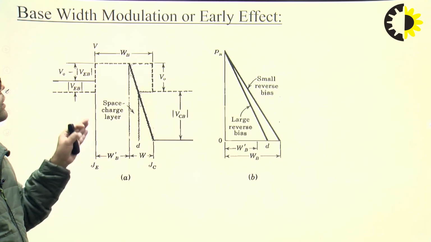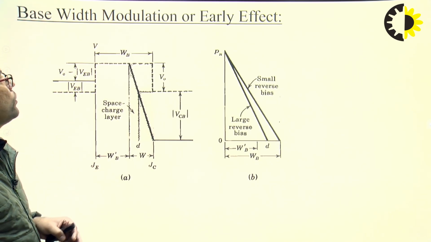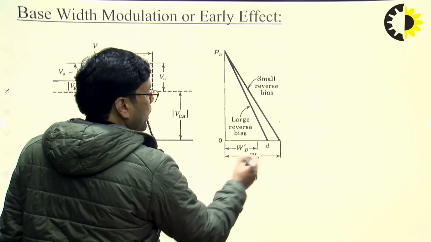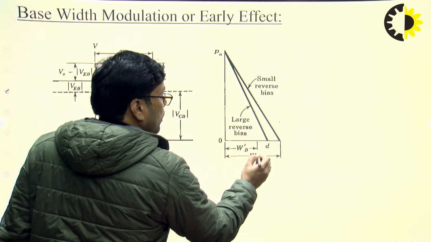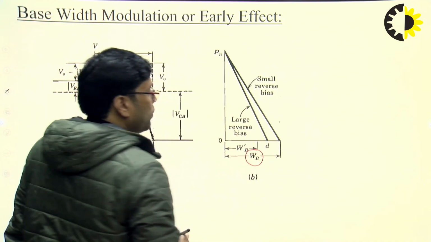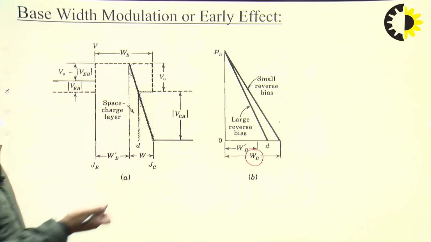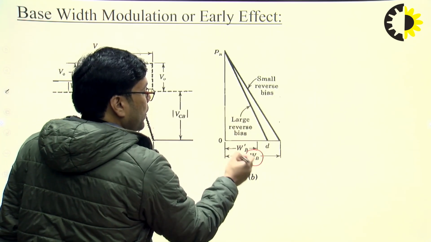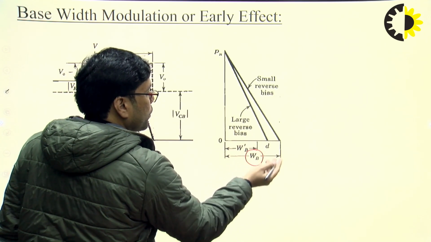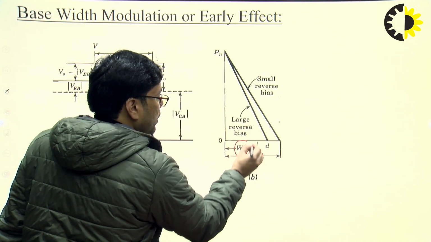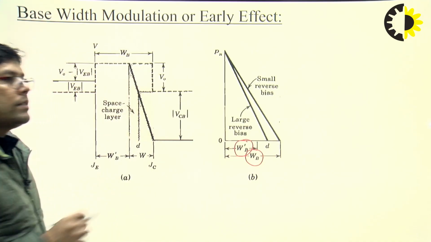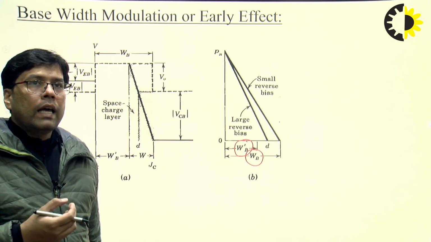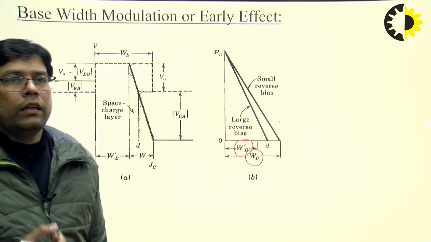This is again a representation of the potential barrier. Before applying the reverse bias, the base width is represented by WB. As you increase the reverse bias voltage, the effective base width is reduced from the physical base width, represented by WB dash, and this change in the base width is known as modulation, and this effect is known as the early effect.